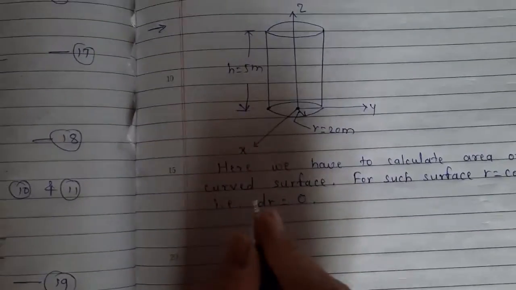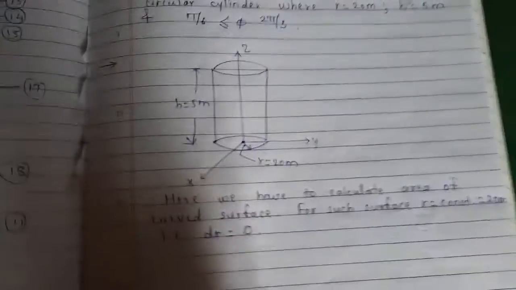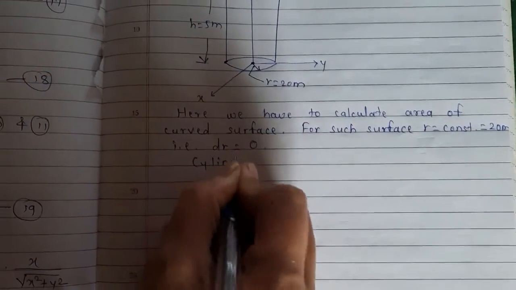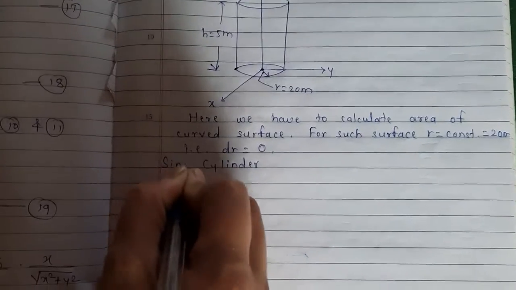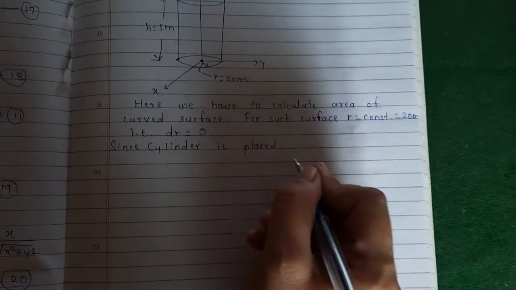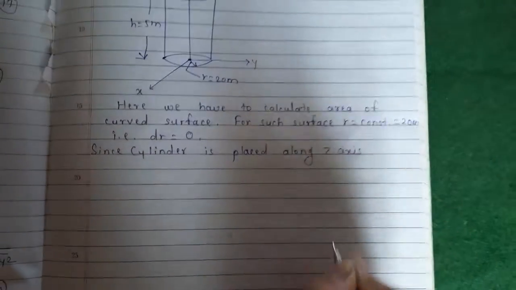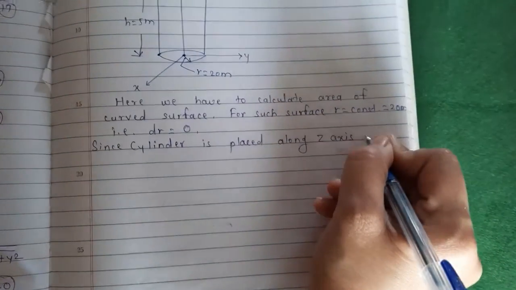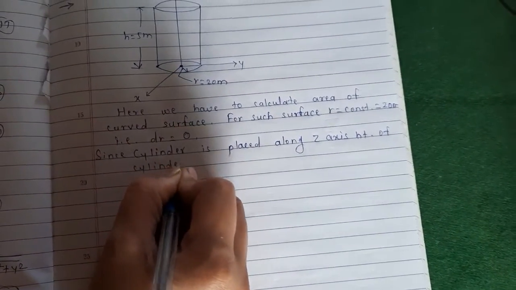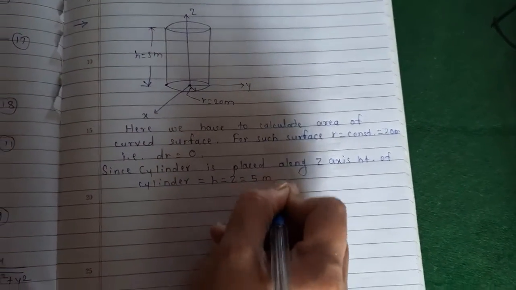Since the cylinder is placed along the z axis, the height of the cylinder is h is equal to z is equal to 5 meter.